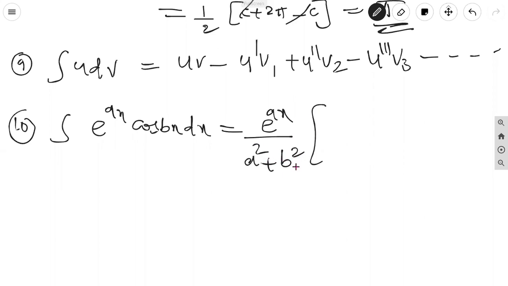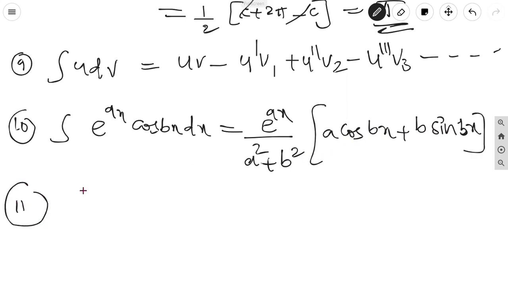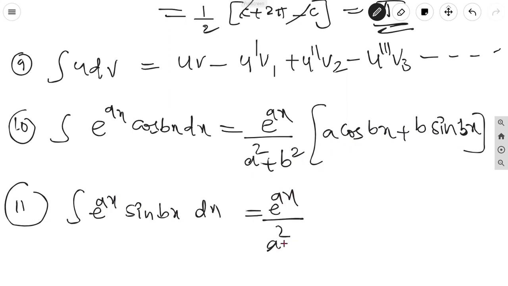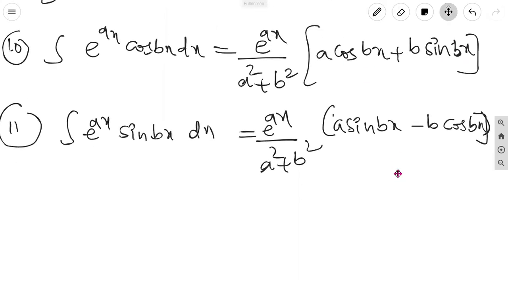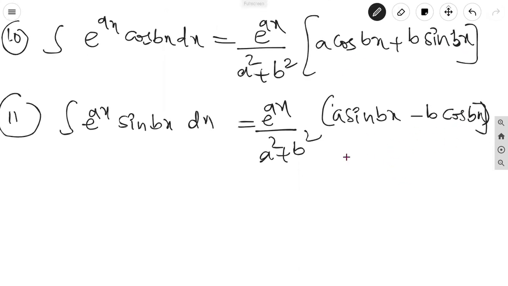These formulas will again come in the Fourier series. 11th one, integral e power ax sin bx dx, it is equal to e power ax by a square plus b square into a sin bx minus b cos bx. Cos integration is sin, so the second term is positive. Here sin integration is minus cos, so the second term is negative. That is the difference, you remember like that.